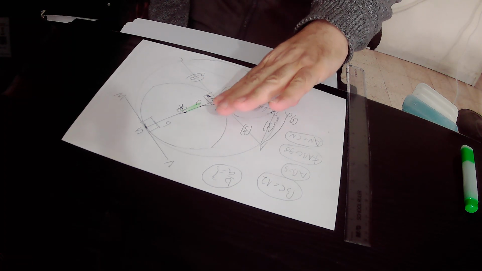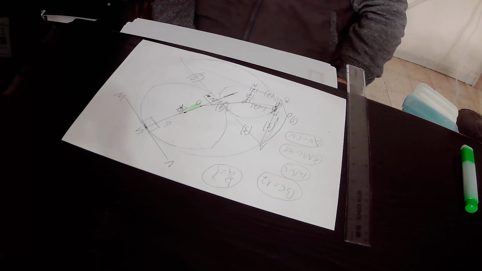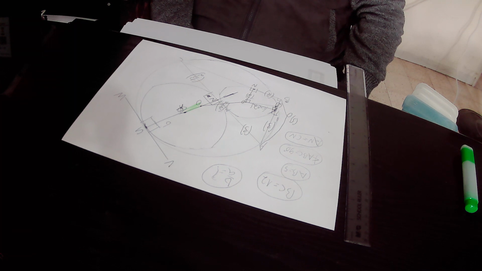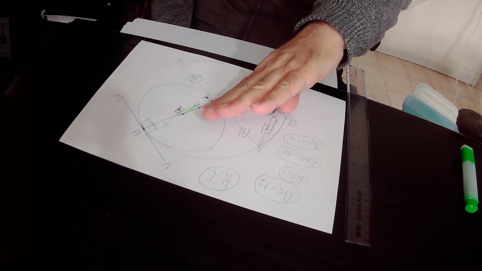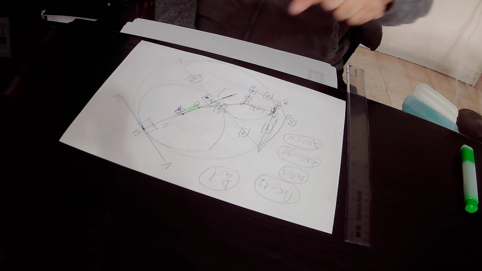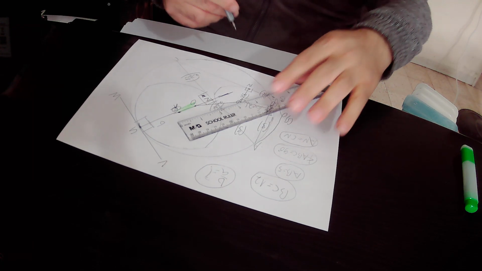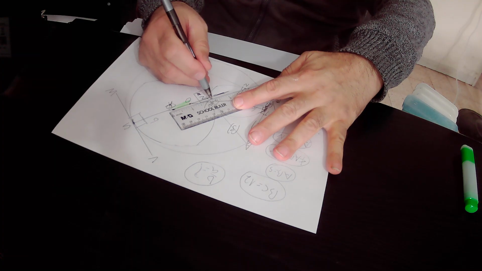If you focus on this side of the straight line, point N, the sum of the angles must be equal to 180 degrees according to the rule that the sum of the angles from one side of a straight line is equal to 180 degrees. So which angles do we have at this side of this straight line at point N? We have this angle that is equal to 90 degrees plus the missing angle. In total they must be equal to 180 degrees according to the rule that I mentioned. Therefore the missing angle must be equal to 90 degrees.